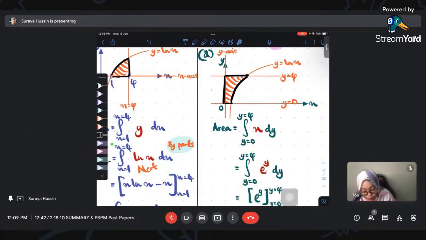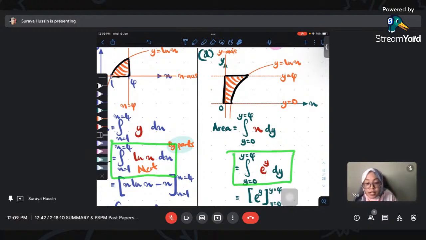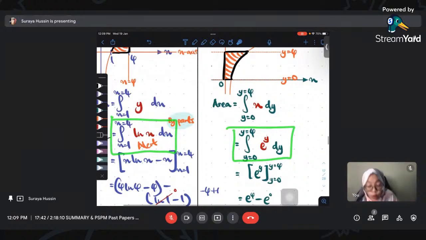So you must always alert that setiap kali sebelum nak integrate, kena make sure, oh aku punya function dah betul ke? Kena sentiasa tanya diri sendiri. Function aku tepat ke? Betul ke? Kalau betul, baru move on to the next step. Kalau rasa ragu-ragu, better check.